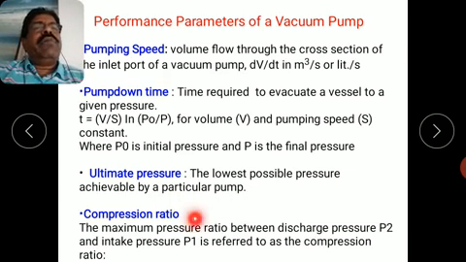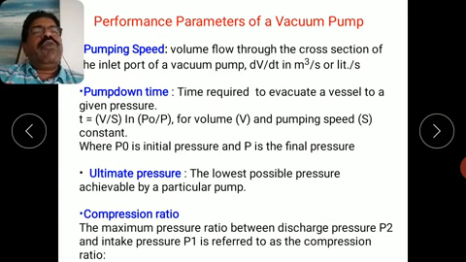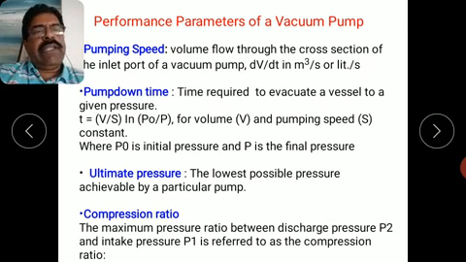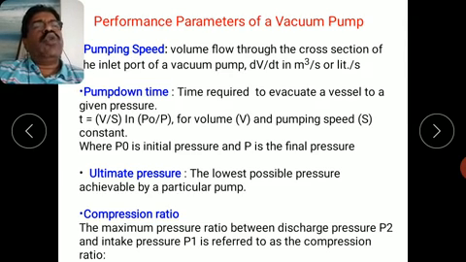Next is compression ratio. For any vacuum pump, at the input side a vessel or a chamber is connected to it, and at the output side there is a discharge pipe, from where the gas molecules removed from the vessel or chamber are thrown out.